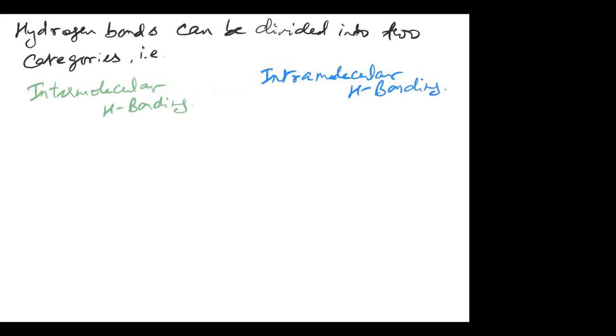In the case of intermolecular hydrogen bonding, it may be, let's say, for example, having lone pair, and hydrogen atom, and they can form hydrogen bonding with water molecule. So it is another example of hydrogen bonding.